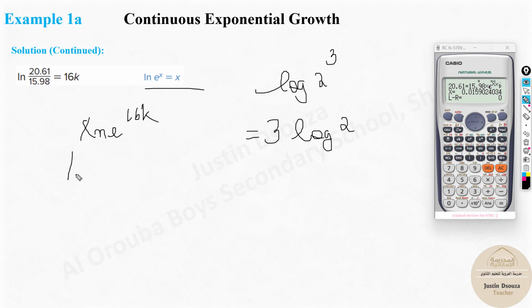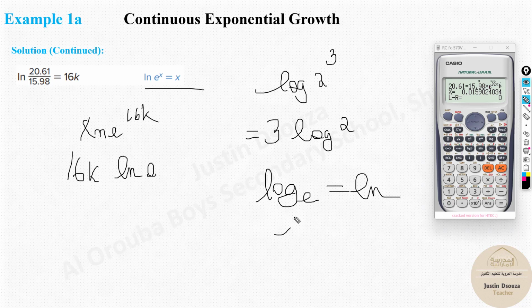We can write it as 16k ln E. But now log E is natural logarithm, so it's equal to 1. So that's why this is not written over here. Natural logarithm E is equal to 1, so we just write this 16k.